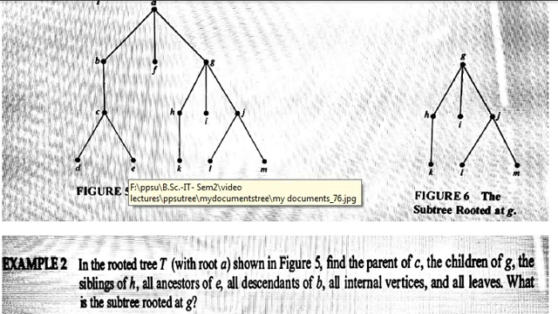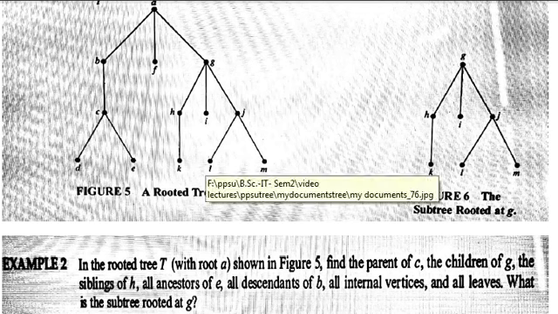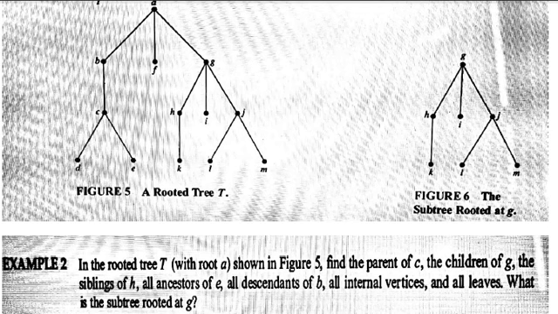All internal vertices, meaning vertices which have children, are A, B, C, G, H and J. All other vertices are leaves, which don't have children. So F, D, E, K, I, L, M are leaves.